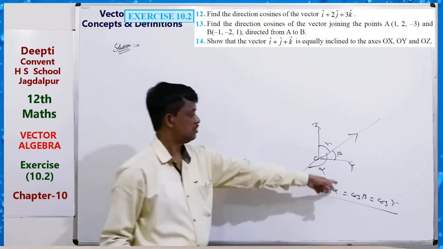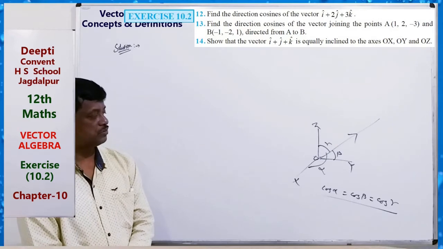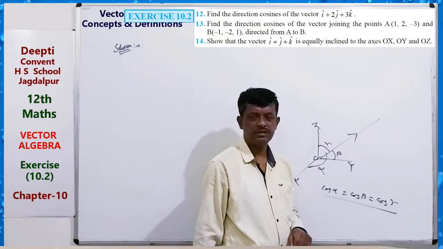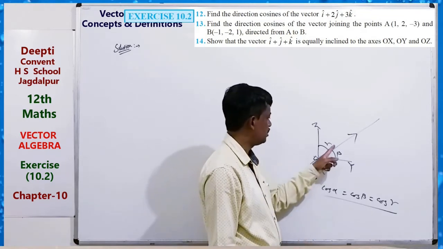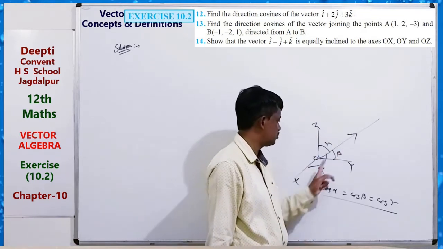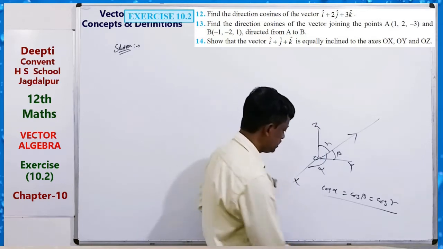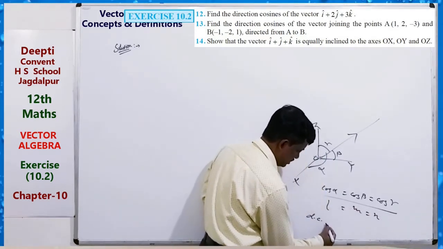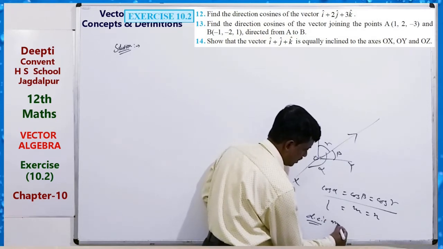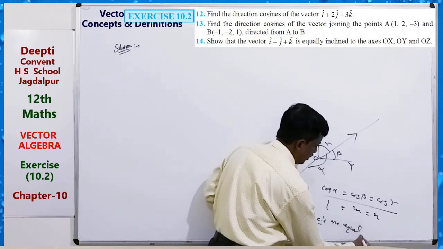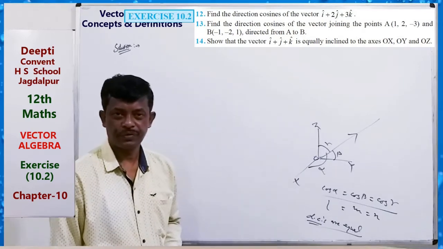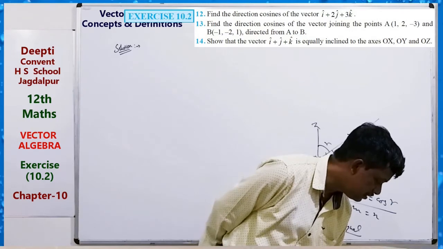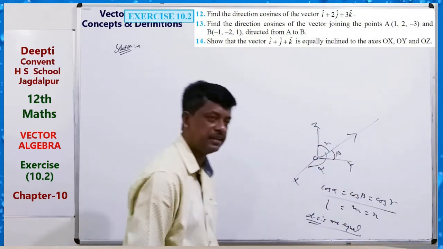If we can show that cos alpha, cos beta, cos gamma are equal, that is l equals m equals n, the direction cosines are equal, then we can say the vector is equally inclined to Ox, Oy, Oz. So here the given vector is i plus j plus k.